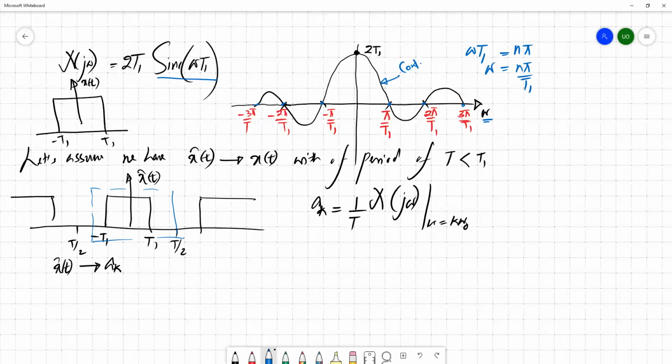If you just sample it at multiples of omega naught, you can get the Fourier series coefficients. So the period is T, and X(j omega) is actually 2 t1 sinc. Instead of omega, you can replace k omega naught. So k omega naught t1.